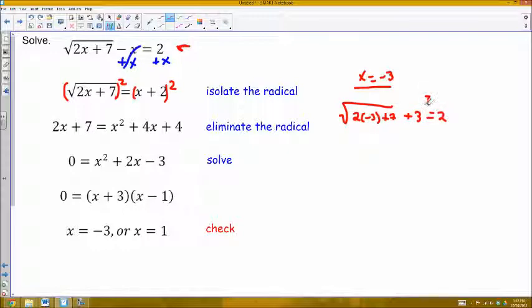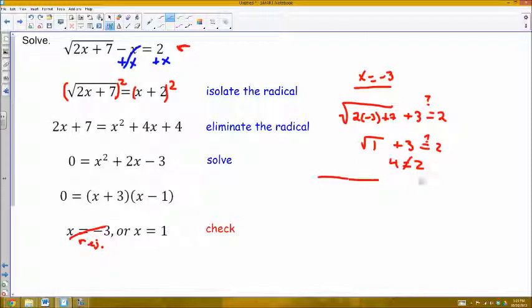So I'm checking, is that true? Well, 2 times negative 3 is negative 6, and negative 6 plus 7 is just the square root of 1, plus 3 equals 2. Well, the square root of 1 is 1, 1 plus 3 is 4, and since 4 does not equal 2, negative 3 doesn't check, so that solution will be rejected.